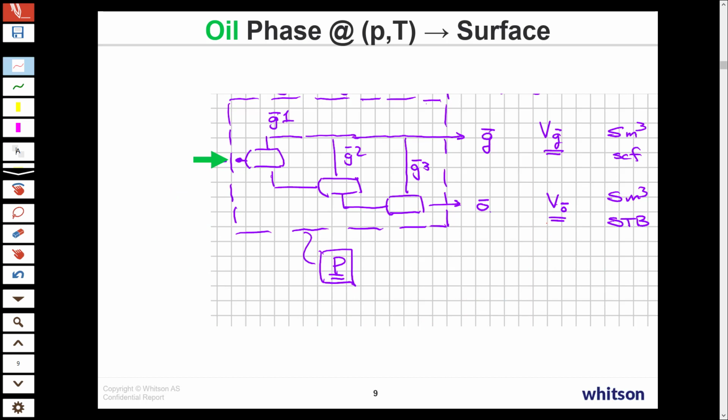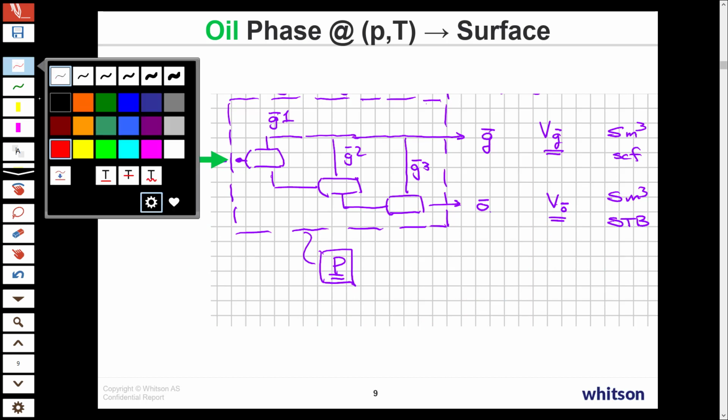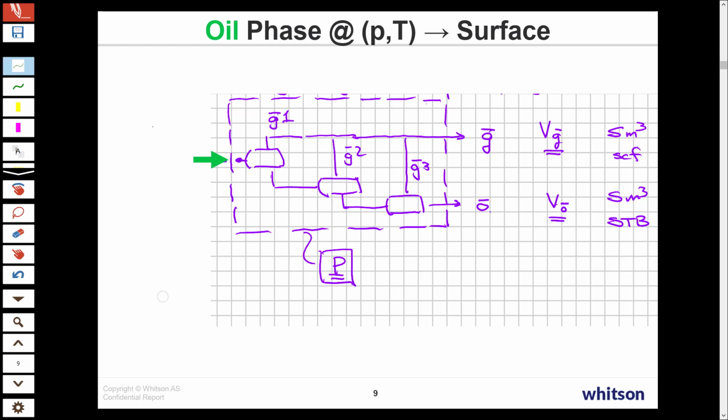If we go to the oil phase, I'll switch colors. Green. So this is our oil phase with composition Xi. This is at some temperature for the table and any pressure greater than or equal to the bubble point pressure of that oil at this temperature.